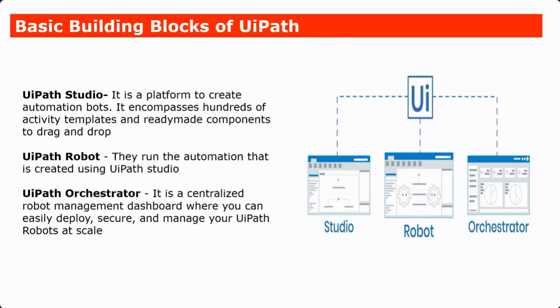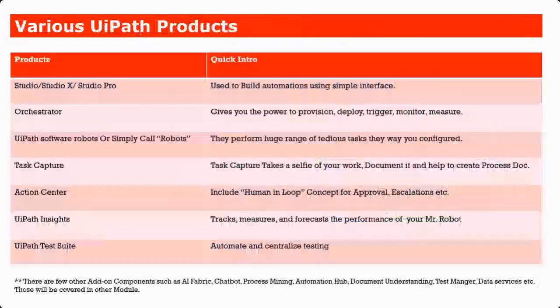But UiPath does not have only these tools. They have a lot of other tools which are useful when you are doing end-to-end RPA automations. I have briefly talked about UiPath Studio, which is used to build the automation using simple drag and drop interfaces. I have talked about what the Orchestrator is, which gives you the power to provision, deploy, trigger, and monitor the bots.